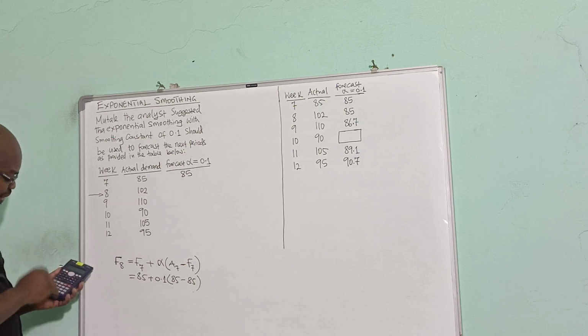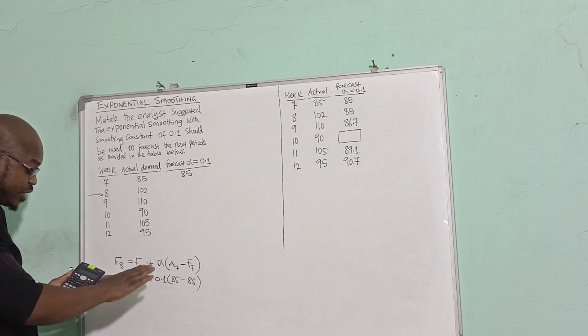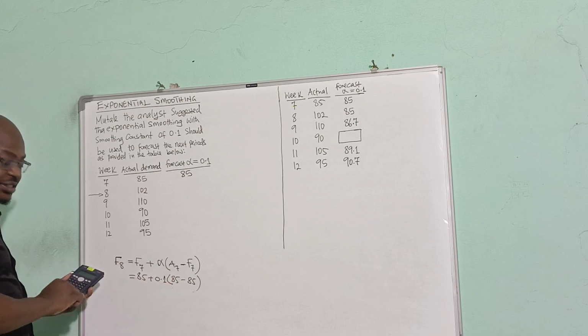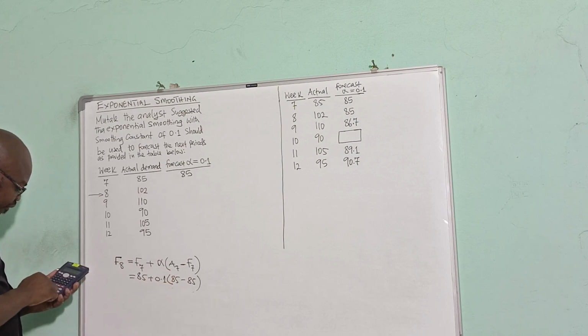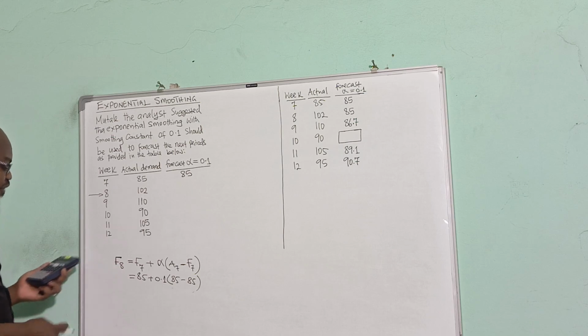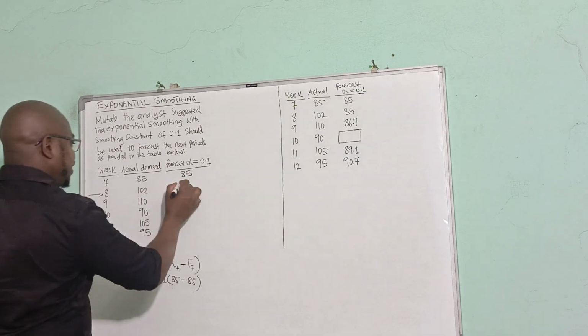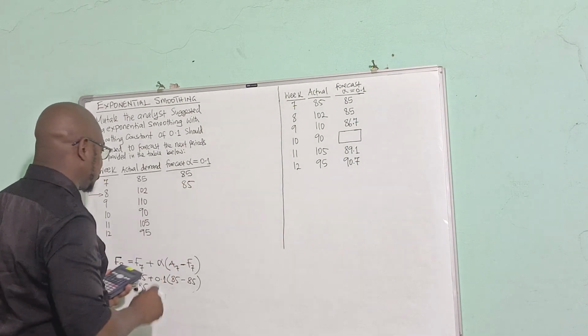So I'm starting 85 plus 0.1 open brackets, I'm not stopping anywhere, I'm just punching it the way it is there, 85 minus 85, and then my final answer will be 85. So the forecast for period 8 is 85.